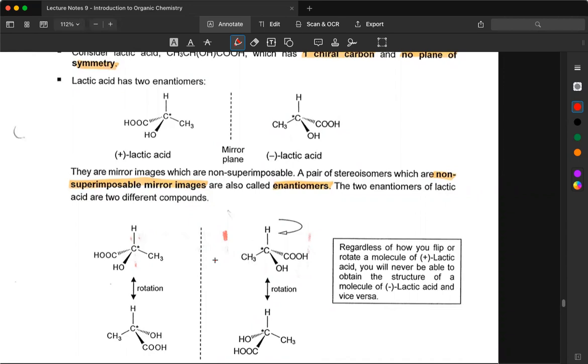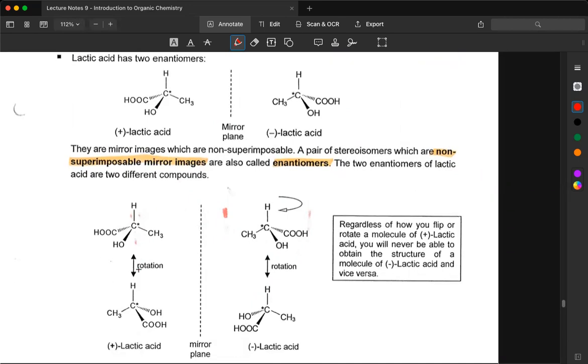Regardless of how you flip or rotate the molecule of lactic acid, you will never be able to obtain the structure of the other. That's called mirror images. It looks something like this. You can try to rotate it to this one, but it's still not the same, because it's different in 3D.